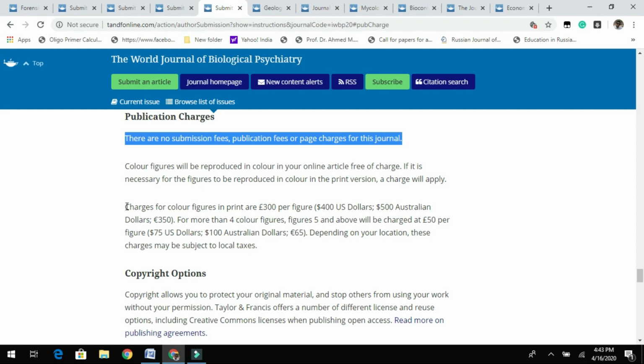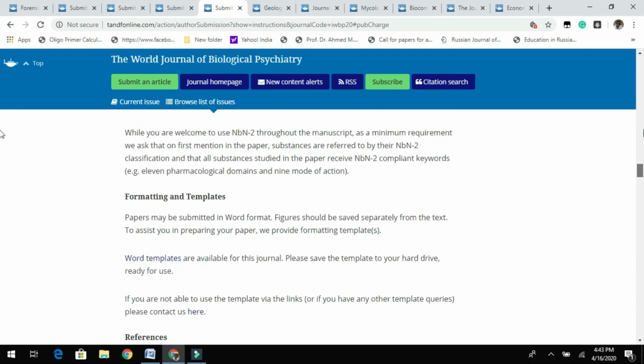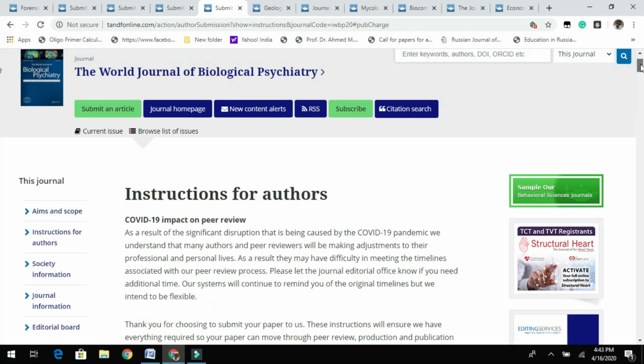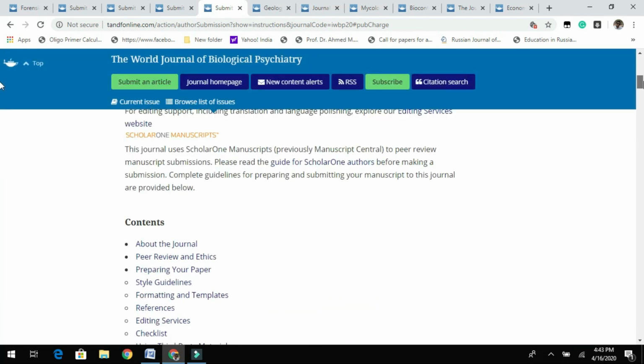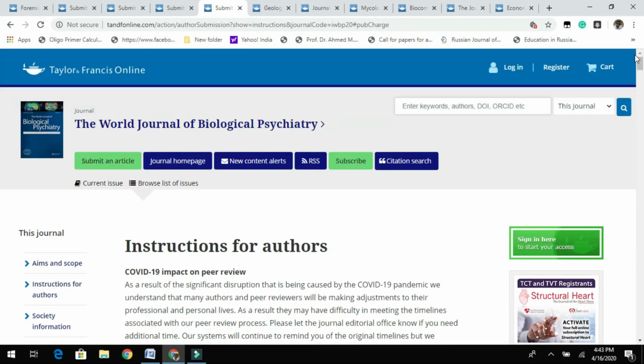But if you have any color figures, then they charge approximately 400 US dollars. So if your research falls under this aims and scope, then you can read the instructions about the journal and you can submit your research articles.